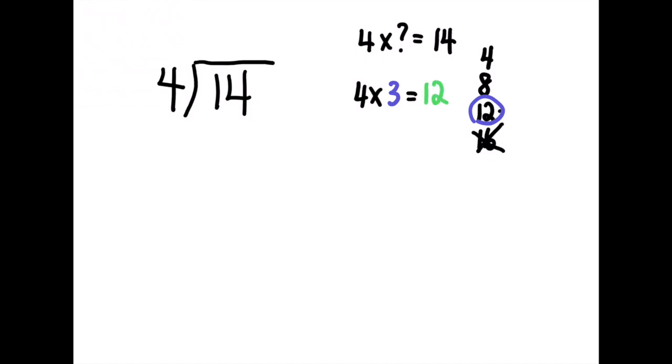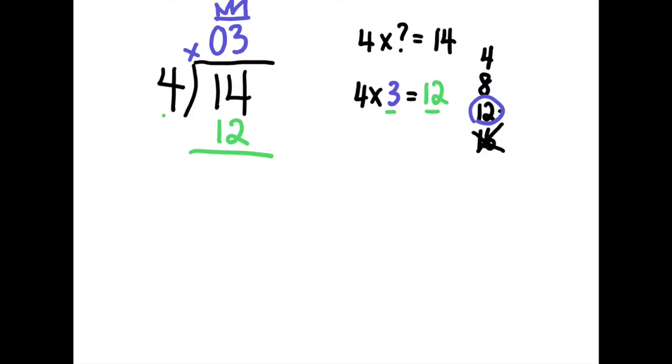Okay, so do you remember the steps from yesterday? Where do we put the 3 and where do we put this 12? Right, the quotient goes up here, the queen of the throne, right? So we have 4 times 3. Remember to put the invisible 0 there. So 4 times 3 equals what? Equals 12. So it goes right here underneath the dividend.